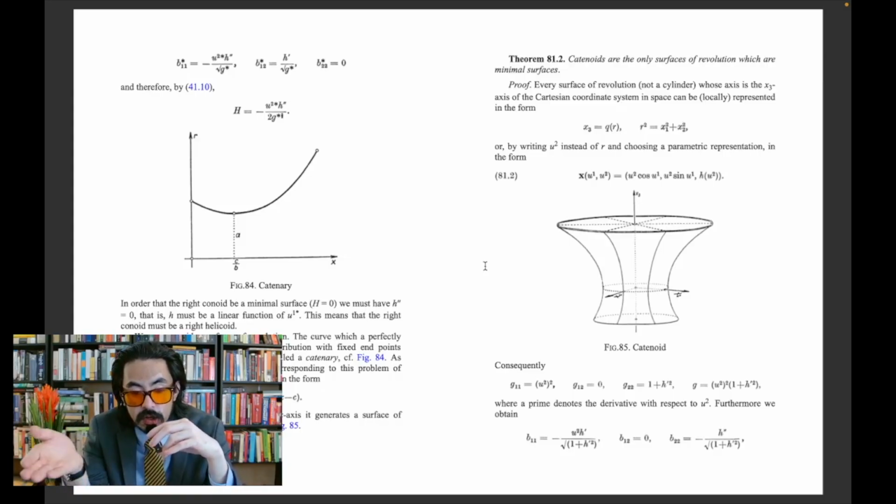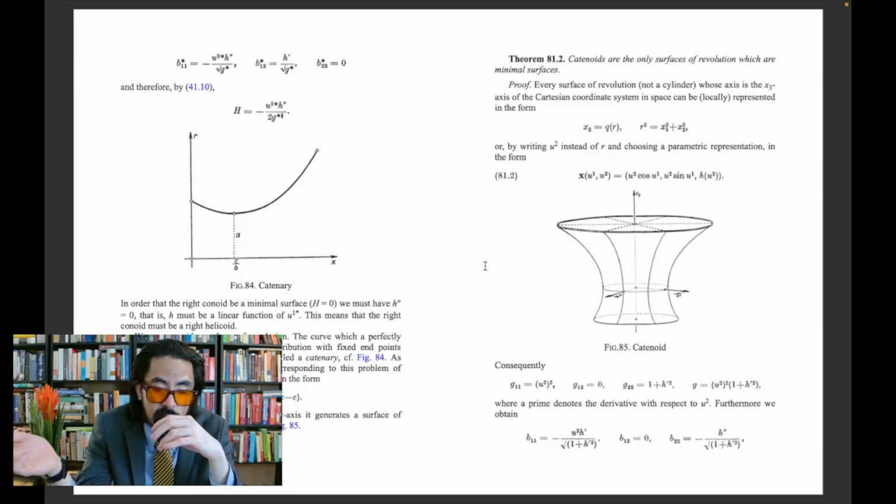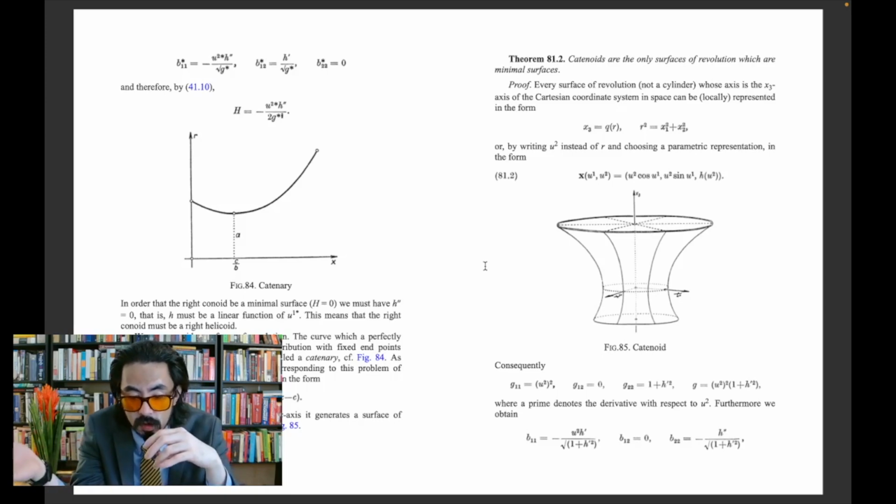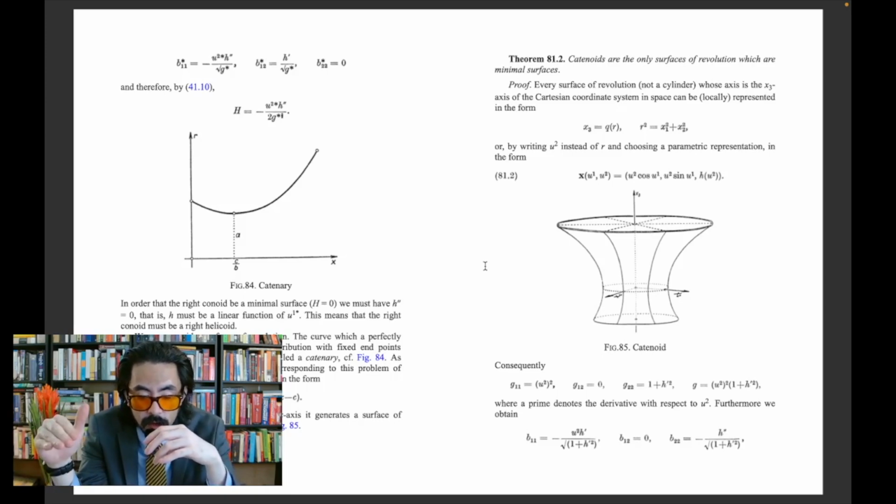So by writing u2 instead of r and choosing a parametric representation in the form vector x in terms of u1 and u2, which I refer to as coordinates throughout this, equals three entries: first entry u2 times cosine u1, second entry u2 times sine of u1, third entry a function lowercase h in terms of u2. Below we have the figure 85 depiction of a catenoid.